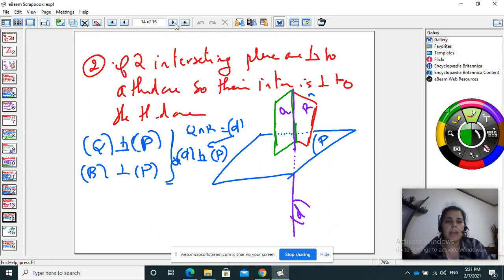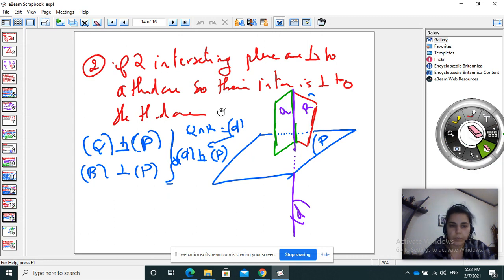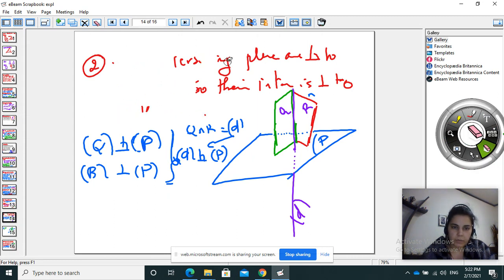Now, if two intersecting planes are perpendicular to a third plane, their intersection is also perpendicular to the third plane. What does it mean? I will write it properly. I'm sorry guys, I wrote it quickly.